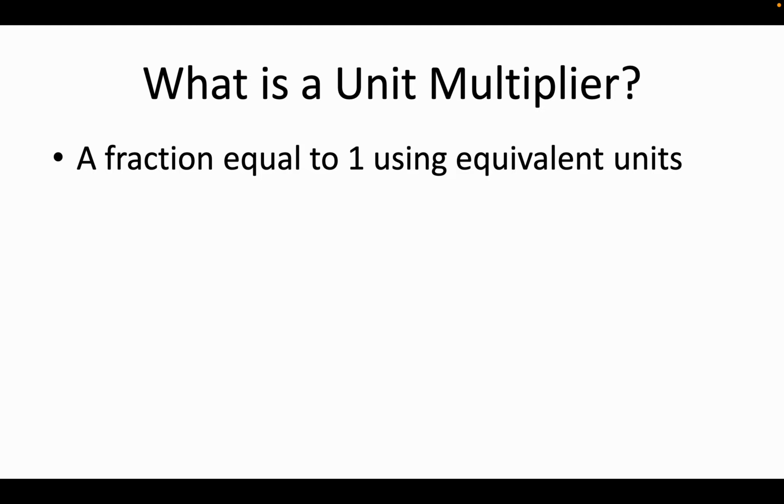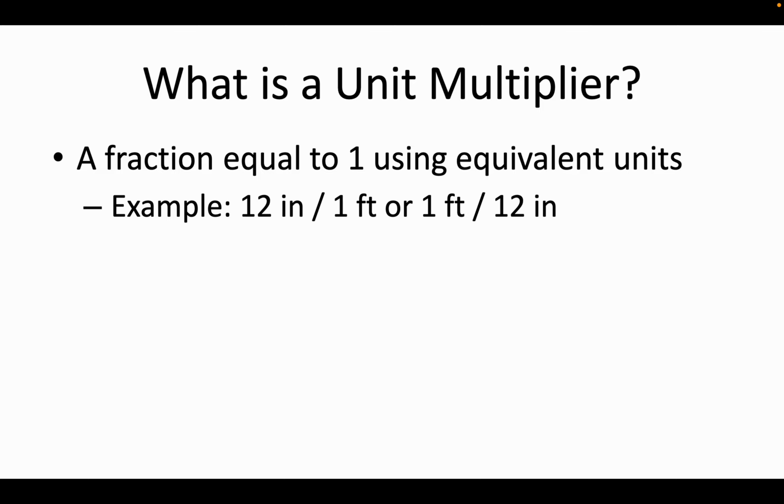A unit multiplier is just another way to write the number 1, so that when we multiply a quantity by that unit multiplier, we end up with the same value. It's just going to be in different units.